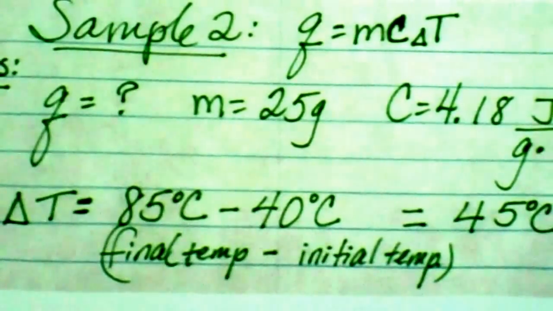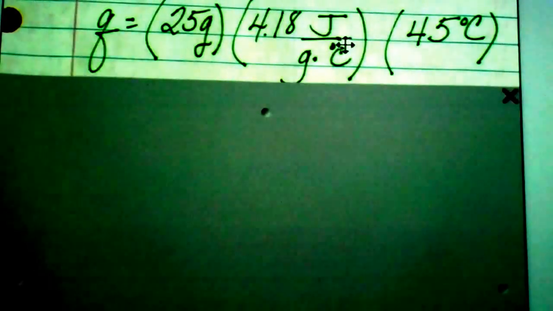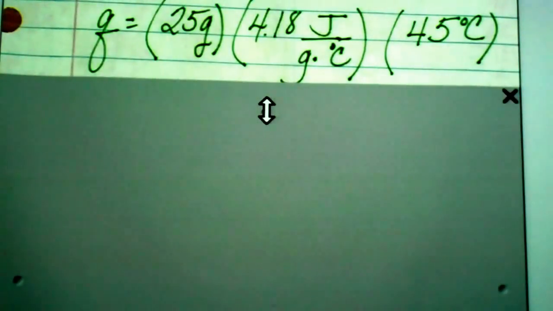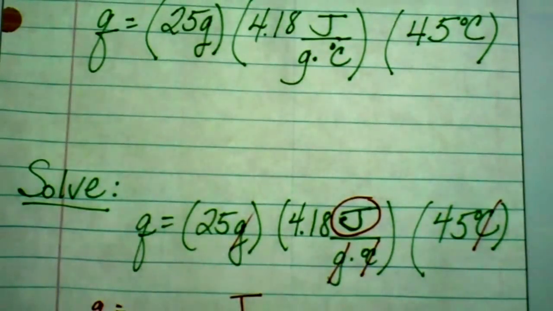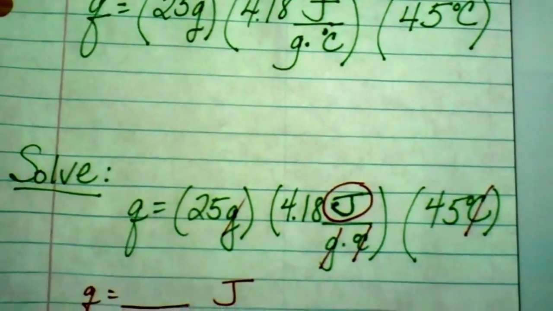Now we substitute. Let's see our substitution. We substitute in the numbers, and then we're going to cancel out the units. See if you can do that yourself. And then we're going to solve it with our final answer.